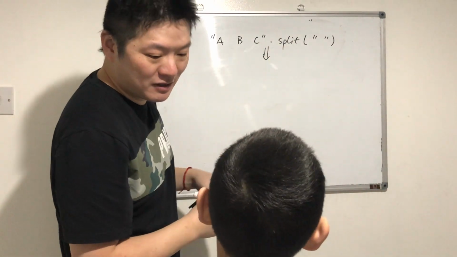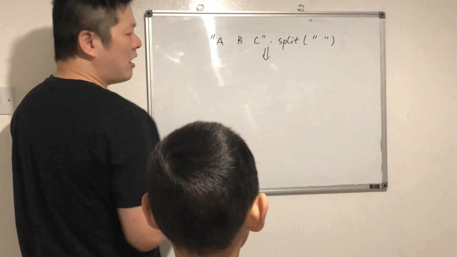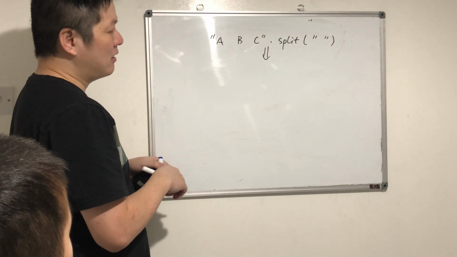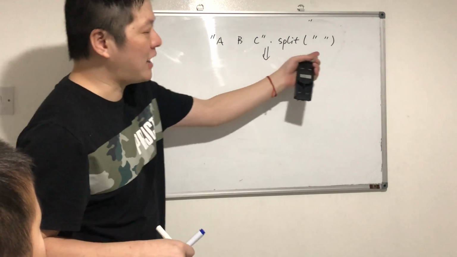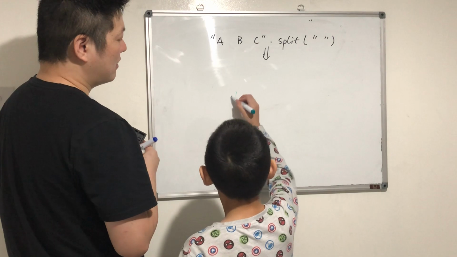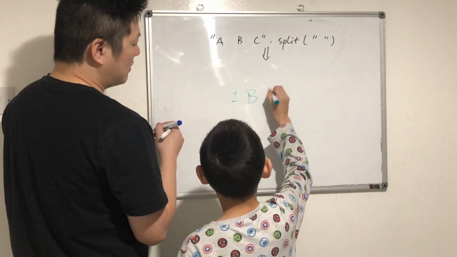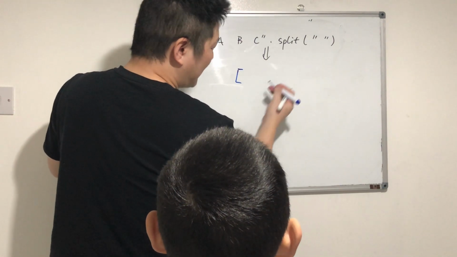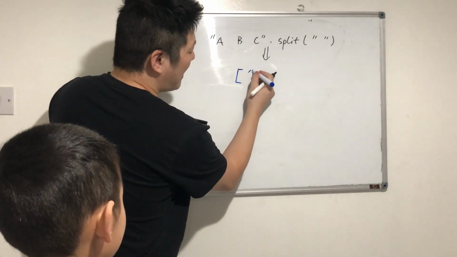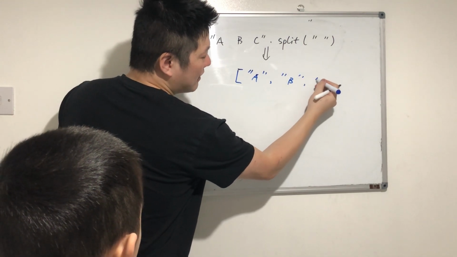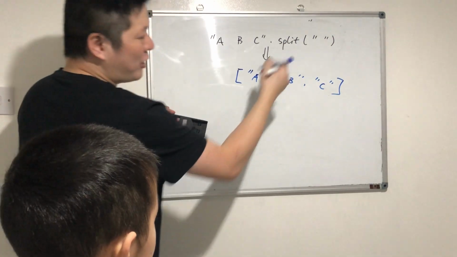No, where is the C? I don't have a reverse here. This is a string, I split by a space. What does it give me? It's a list with brackets: A, B, C, three elements. That's what it will give us.